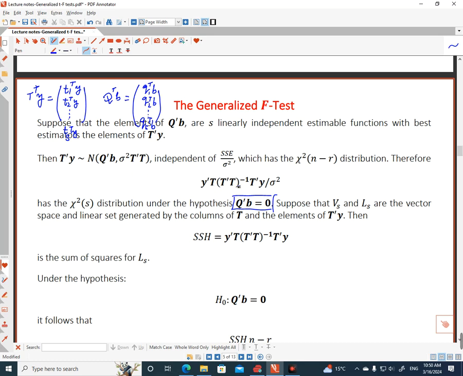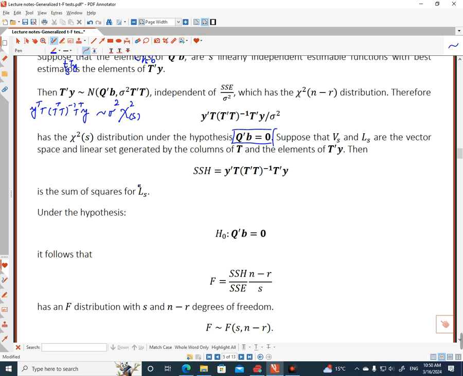And then this statistic has a chi-square distribution, or we can say that y prime T prime T inverse T prime y has sigma square chi-square distribution with s degrees of freedom, which we call the sum of squares of hypothesis.